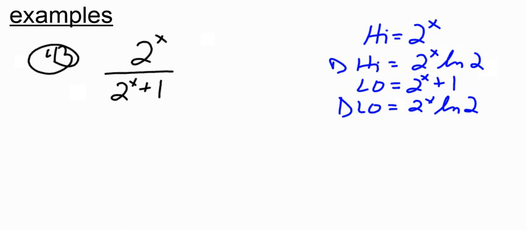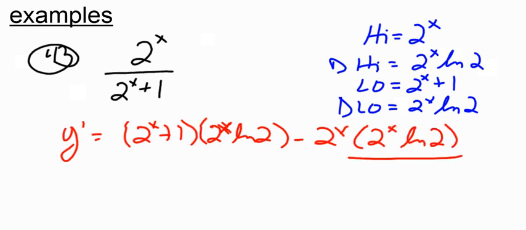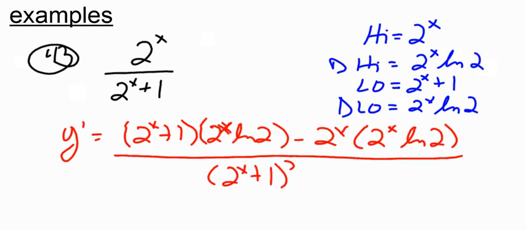And then when I go ahead and set up my derivative, I've got low, d high, oops, that's an x, minus high, d low, all over low squared.